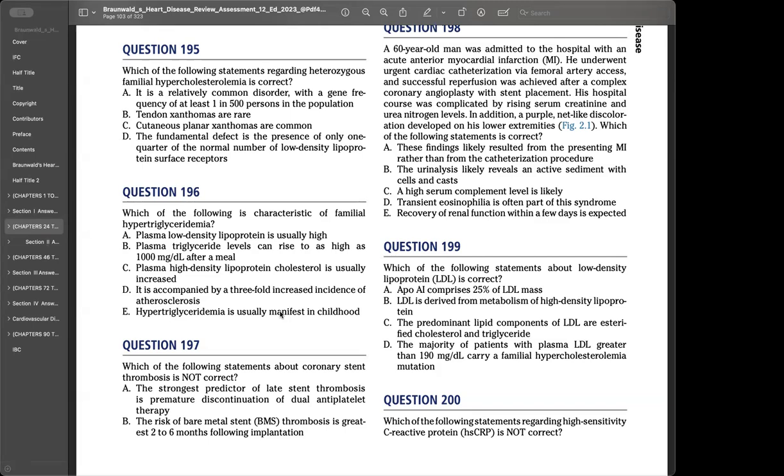I mentioned that for these patients, plasma triglyceride levels can rise as high as 1,000 milligrams per dL after a meal. Then option C, plasma high density lipoprotein is usually increased. I mentioned that HDL and LDL are low. So option C is saying HDL is increased, so option C is wrong.